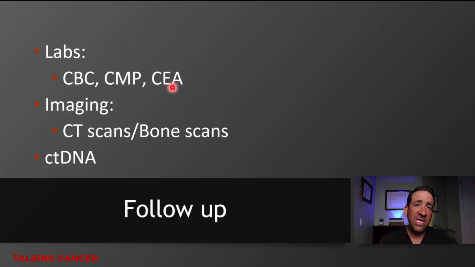And if your CEA is going up, it usually implies that your cancer is growing back. And if your CEA is high and we start you on treatment and your CEA is coming down, it usually means that the amount of colon cancer is going down.